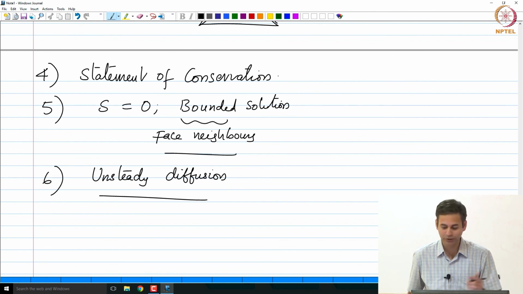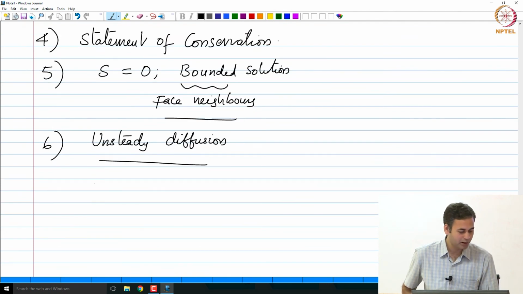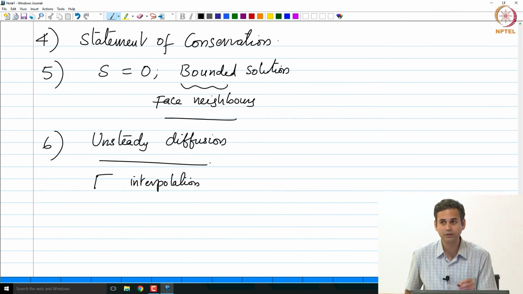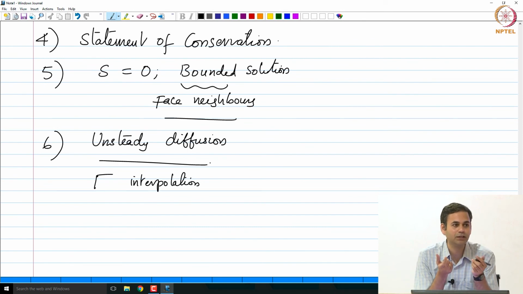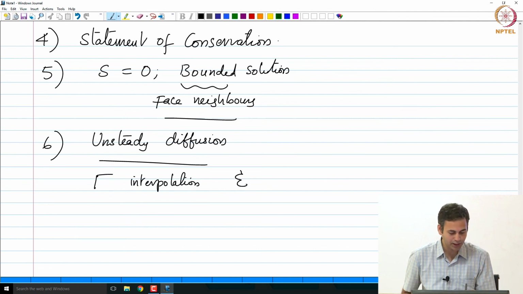So, we will not do it again. What about interpolation of gamma? Can we extend this to this mesh? We can extend it. Earlier you had distances defined in the x direction. Now you have distances defined in the xi direction. That is all.